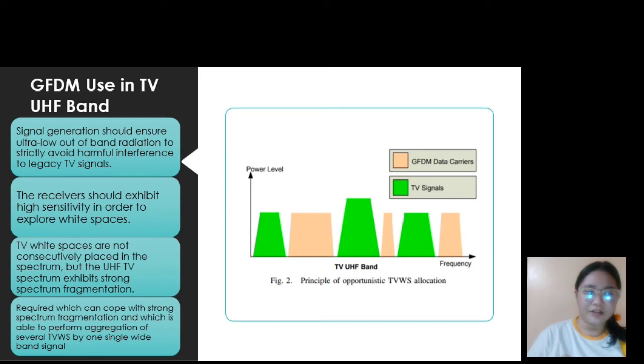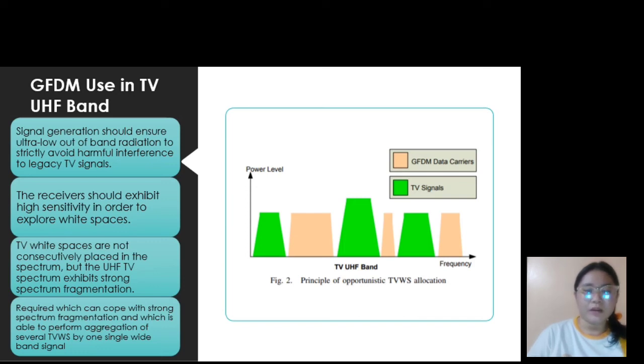On one hand, the signal generation should ensure ultra-low out-of-band radiation to strictly avoid harmful interference to legacy TV signals. On the other hand, the receivers should exhibit high sensitivity in order to explore white spaces, to sense even very weak TV signals. Apart from these fundamental requirements, there are even more engineering challenges which have to be addressed.